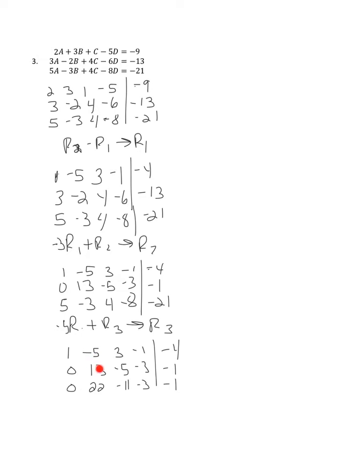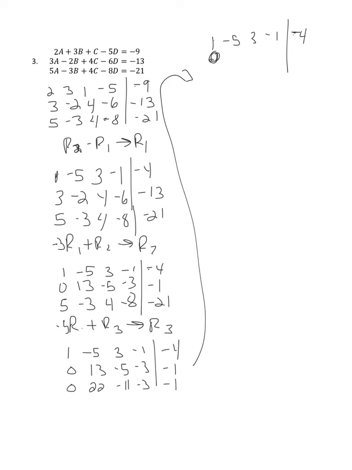Okay, now I need this spot right here to be a 1, so I'm going to divide this row by 13. Okay, so the top one, I have a 1, -5, 3, -1 at -4. Row 2, so I'm dividing this by 13.